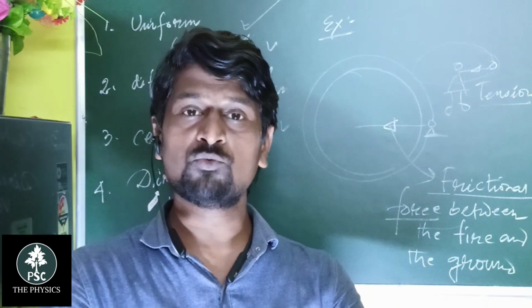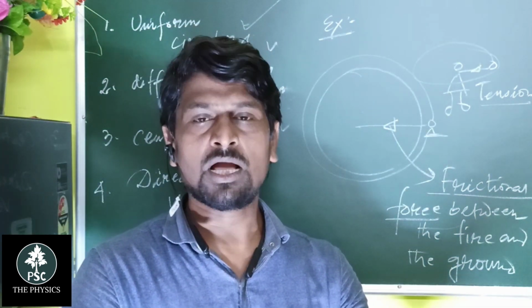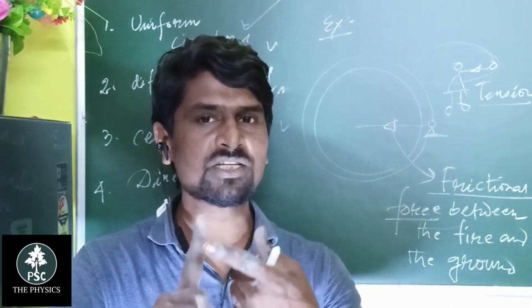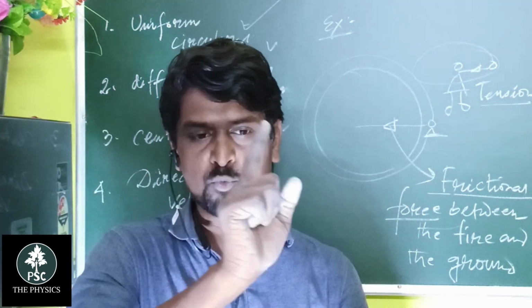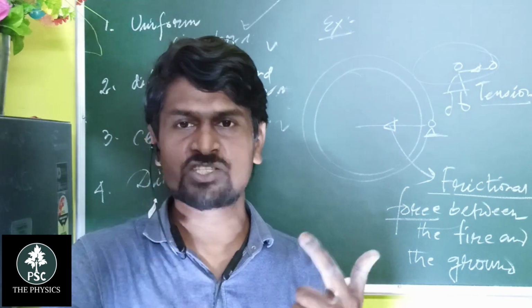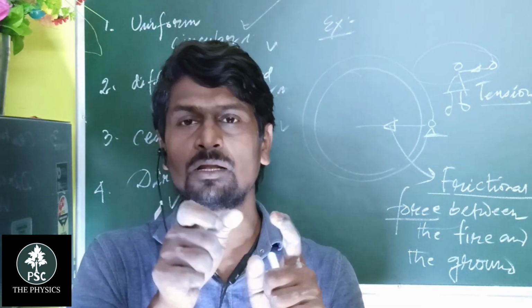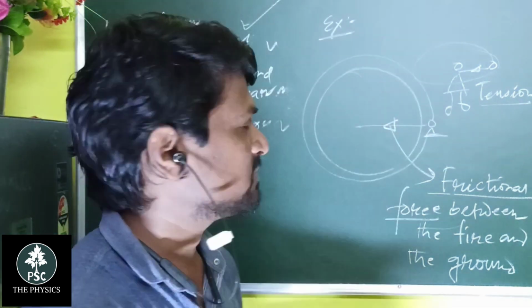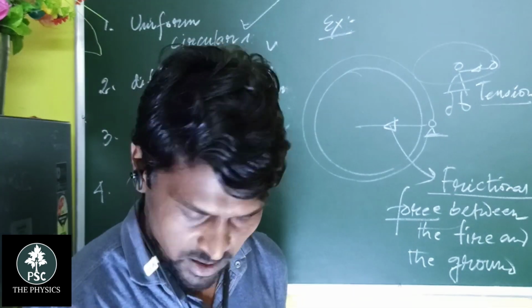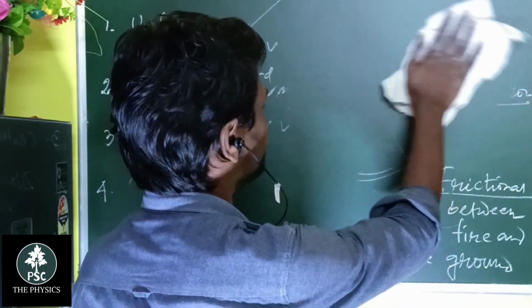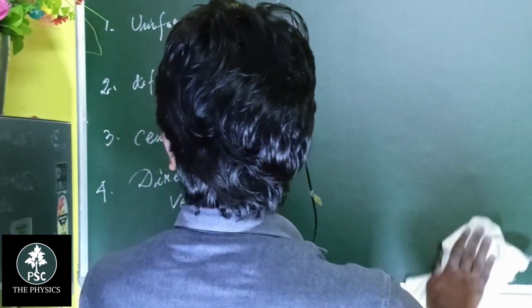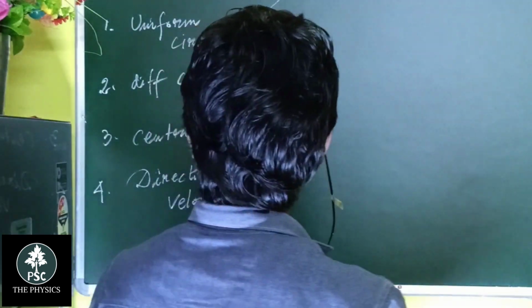And what about uniform circular motion? We already know that when a body moves with constant speed and subtends equal angles in equal intervals of time, then we can say that this is circular motion. And the next one is the basic difference.